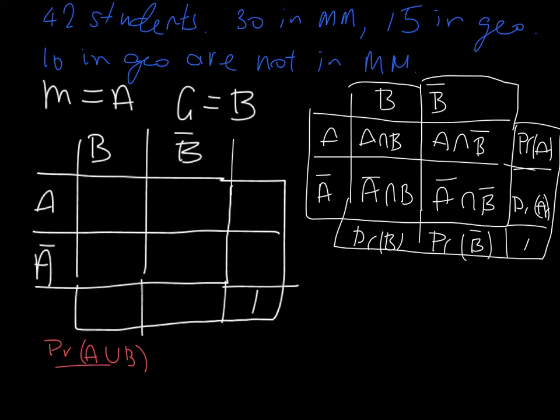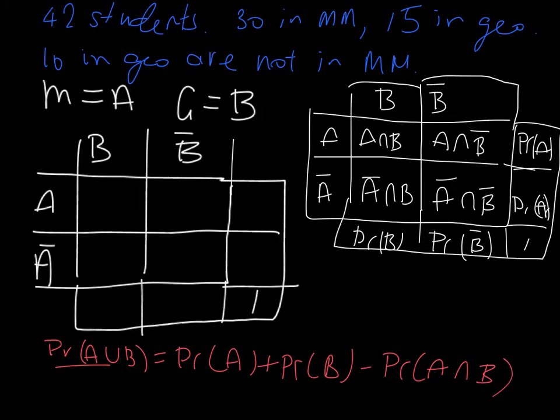A union B is equal to the probability of A plus the probability of B minus the probability of A intersecting with B. Likewise, this can all be transposed, by taking away the union from both sides and adding the intersection to both sides. Basically we can just swap those two over. So let's see.